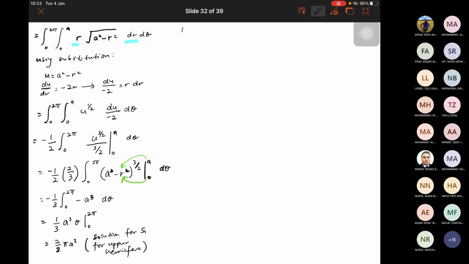Okay. So for S2, that is the lower hemisphere.